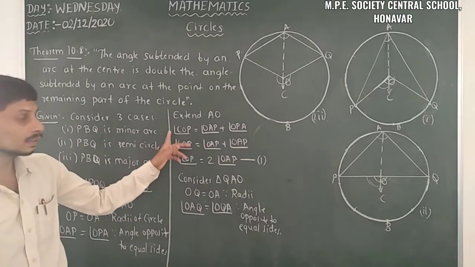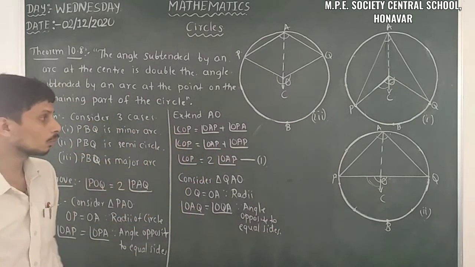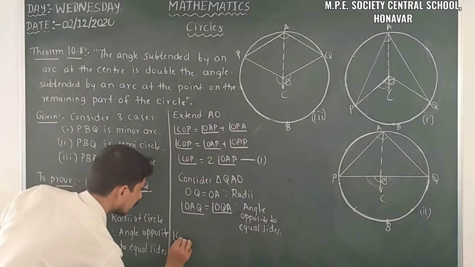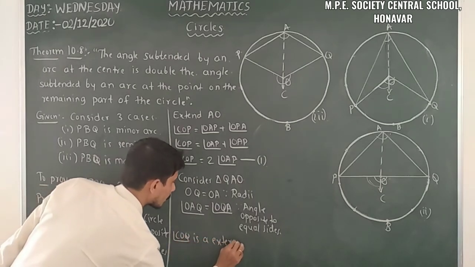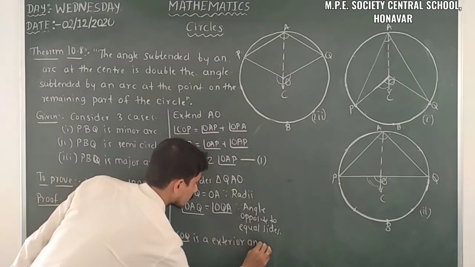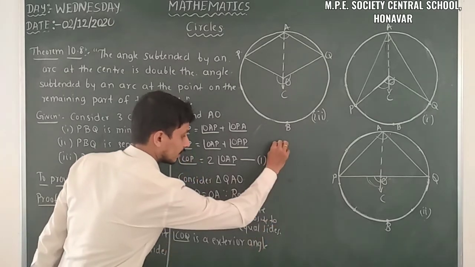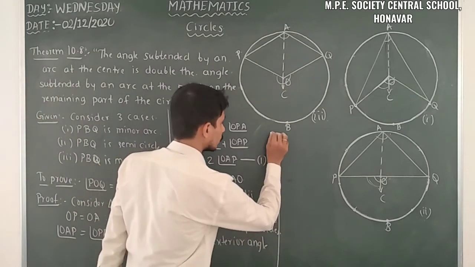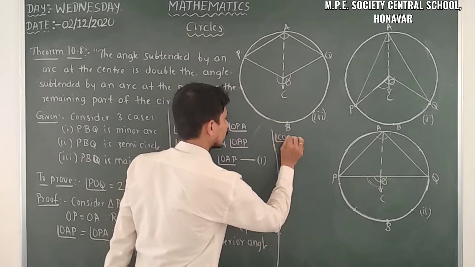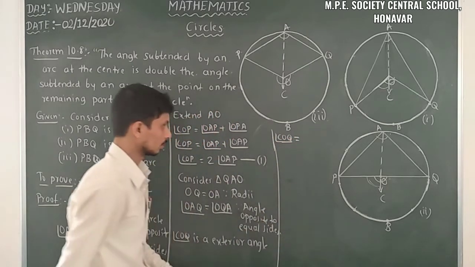Then we have the same thing: angle COP was an exterior angle, and angle COQ is an exterior angle here.